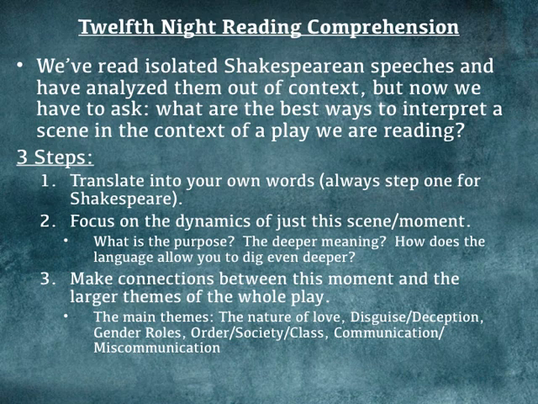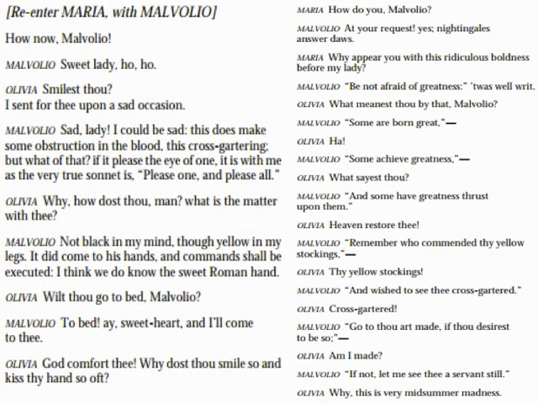So let's take an example. This is a scene in Twelfth Night where Malvolio has been tricked into making a fool of himself in front of Olivia, the woman that he hopes to marry. Now, you can pause this and read the scene, but I would just always start reading an important Shakespeare scene by seeing if there's a performance of it.